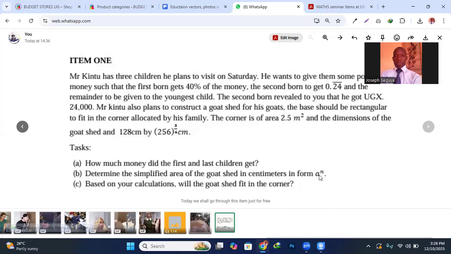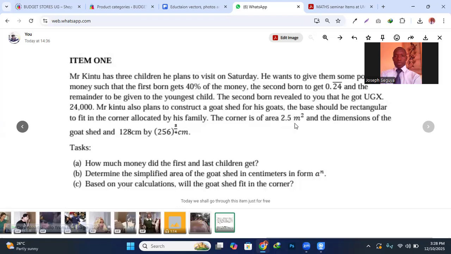So we have to get the area in centimeters. In other words, it must be in squared centimeters. So what should we do with this? They're saying the base should be rectangular to fit the corner allocated by his family.